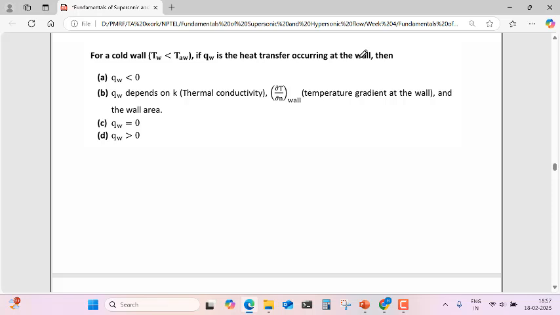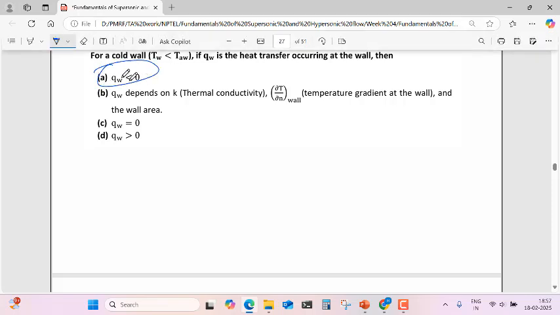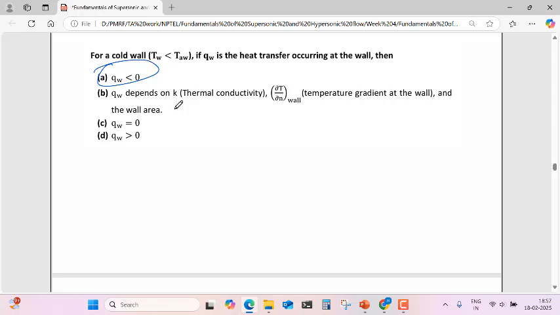Qw less than 0, sir. Why will it be? Sir, in cold wall the heat transfer occurs, so it will be less than 0. It is a cold wall, so this wall temperature will be less than the surrounding temperature.